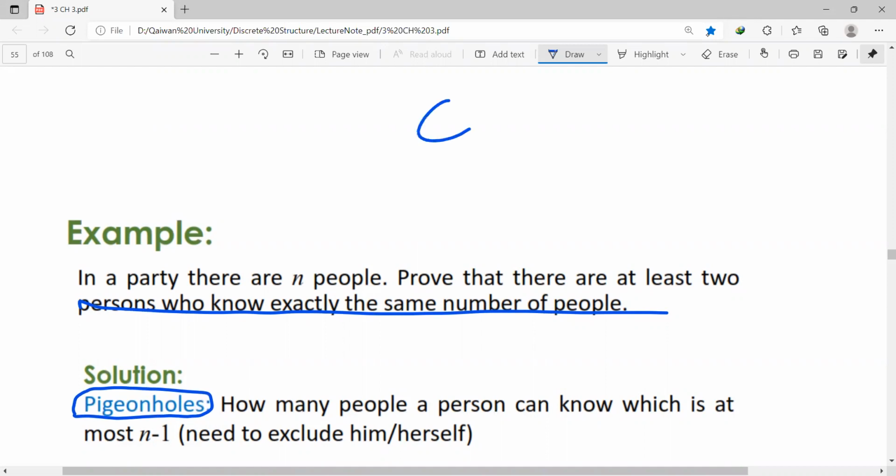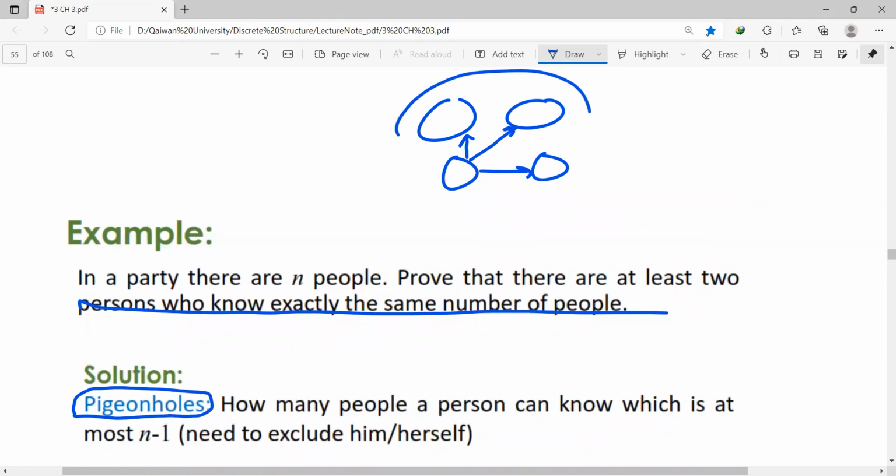As I said, we have 4 people, each one knows the others. That means this person knows these, and each of them knows 3 people. So here 3 is pigeonholes.